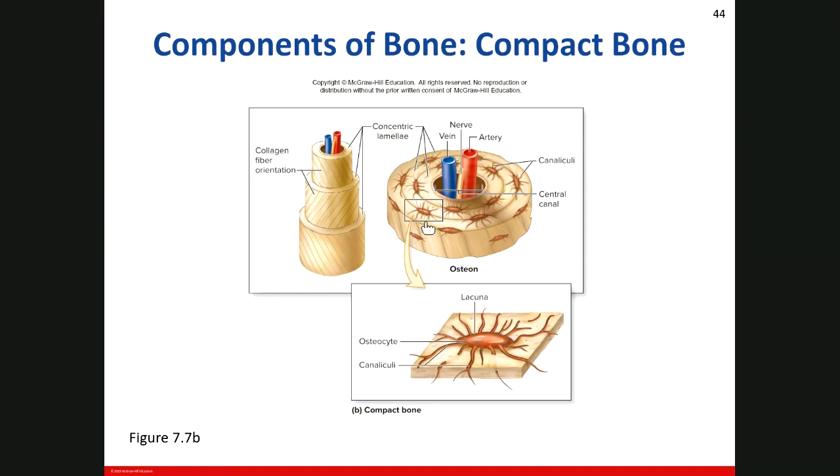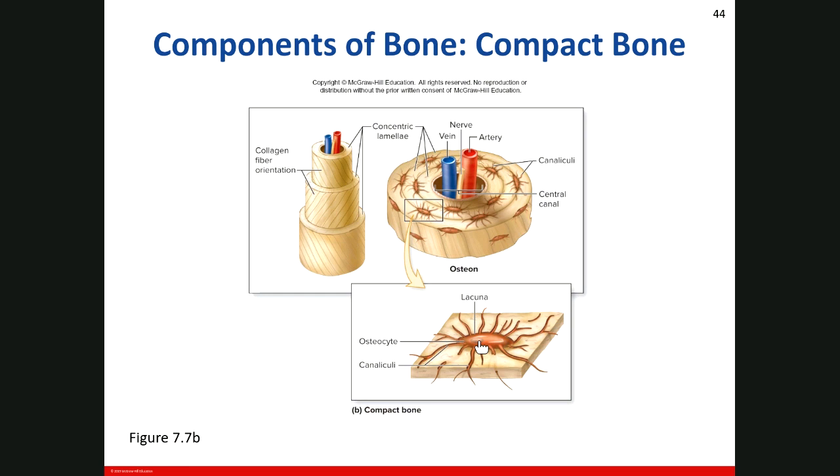Between these concentric lamellae, you can see a star-shaped cell. These star-shaped cells are called osteocytes. Actually, they are mature osteoblasts which are trapped in the hard matrix, and their name changed to osteocyte. The osteocytes are mature cells. They are non-producing cells, but they are live cells. And you can see them inside the bone.